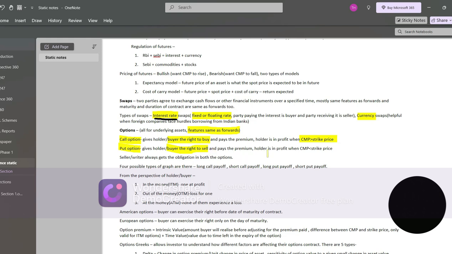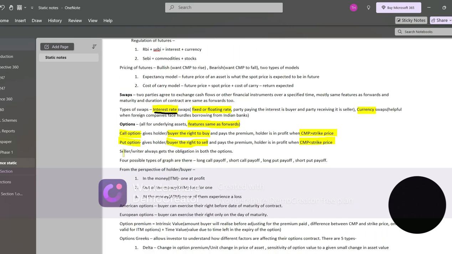I will go ahead with the offer only when the CMP is lesser than the strike price, because then I will want to sell the thing at the strike price, since the current market price is even lesser, so it will be a profit.